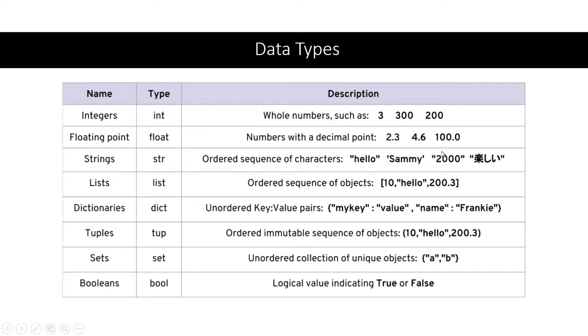The difference between 2000 as a string and 2000 as an integer is that with 2000 as a string you won't be able to do math to it. If you said I have a string that's 2000 plus 95, you will not get 2095. You'll actually get 200,095, and I will explain that later. But you will not be able to do addition to it.